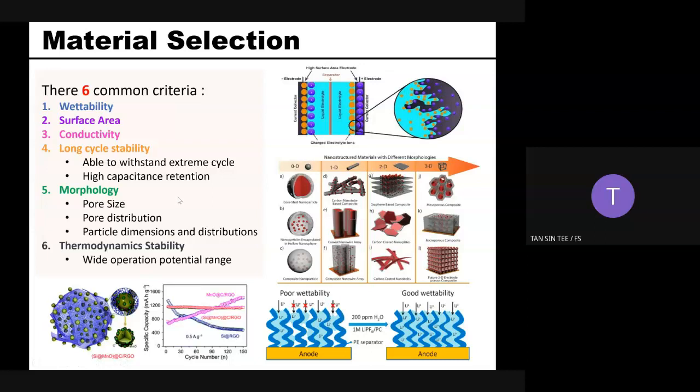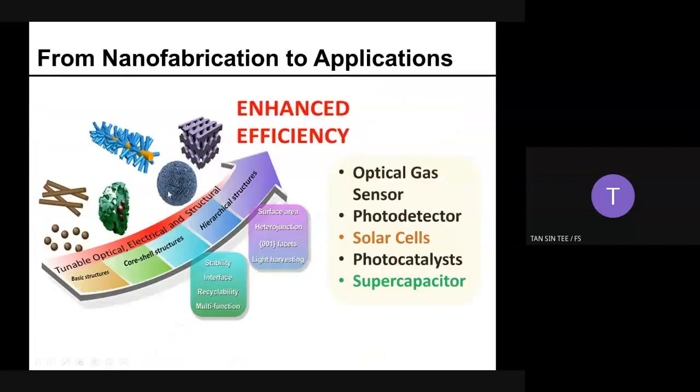The fifth one is the morphology, which focuses more on the pore size, distribution, and some of the particle dimensions. And last but not least is going beyond to thermodynamic stability, because we can operate our system when applying heat, so the device is stable rather than undergoing degradation.